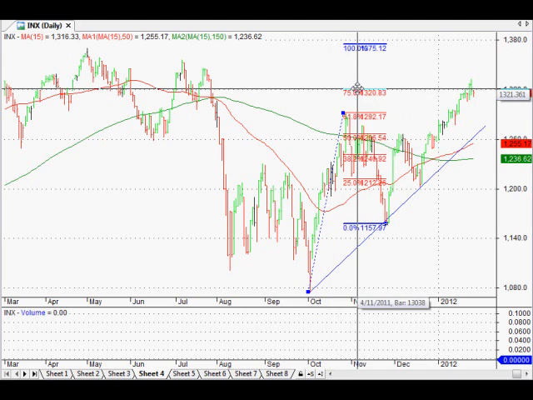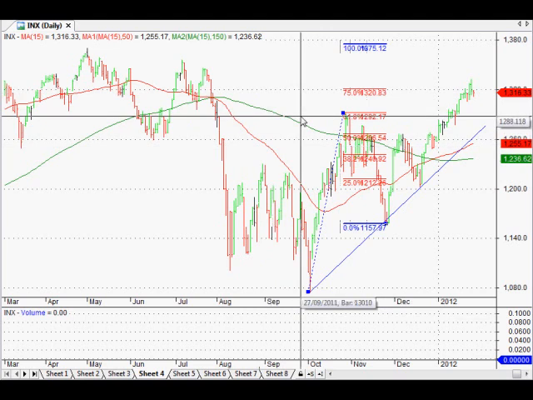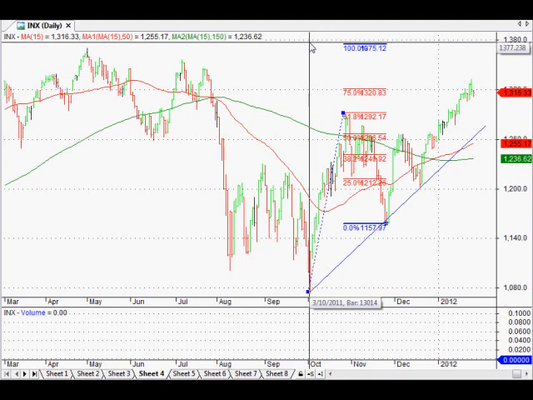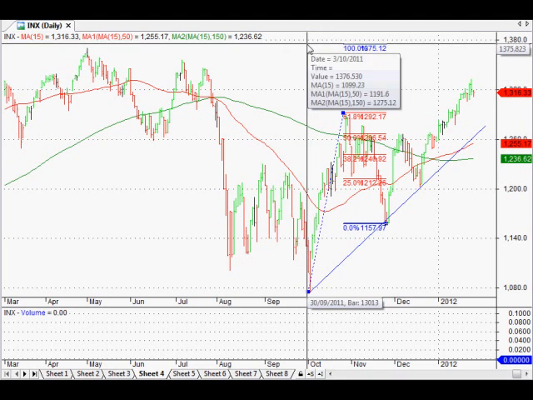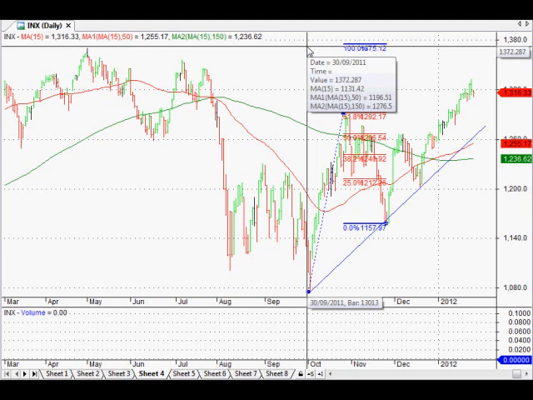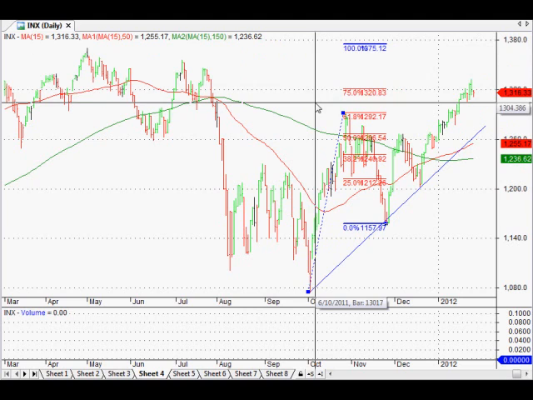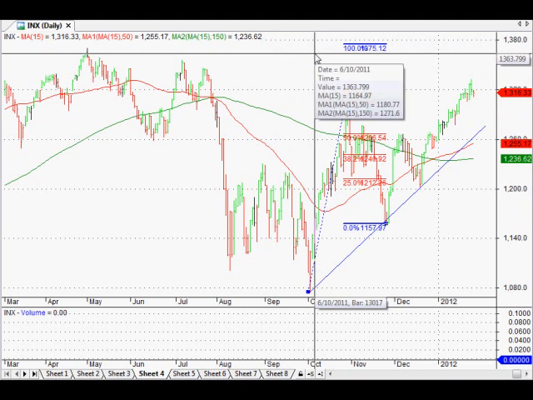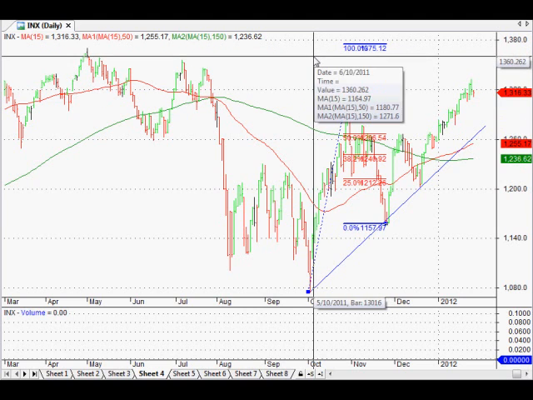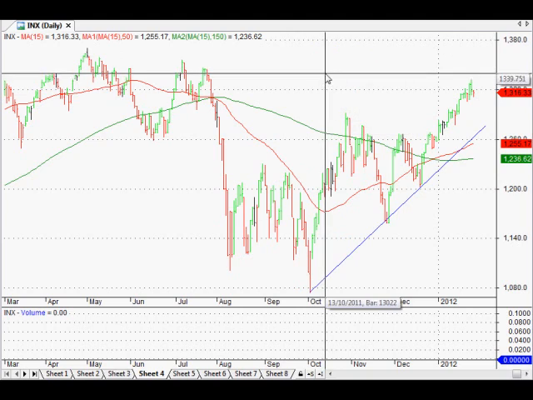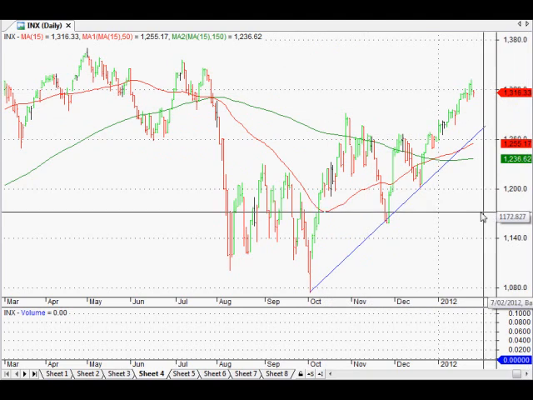So yes, the market may find resistance at 1,300. If not, the next level is 1,380 on the S&P 500, which really gives you quite a decent amount of gains between 1,300 and 1,380. Potentially, well, not a huge amount, but obviously enough to make a decent amount of gains in individual stocks.